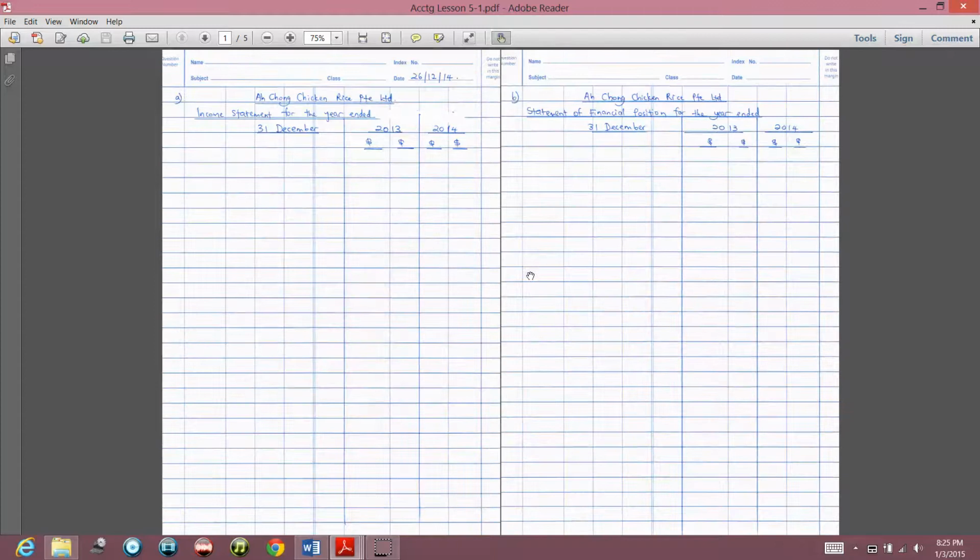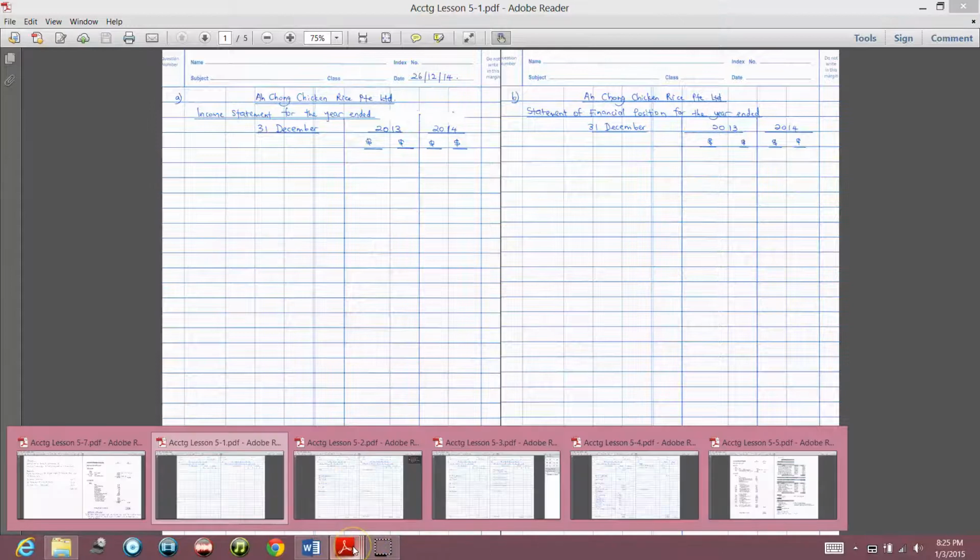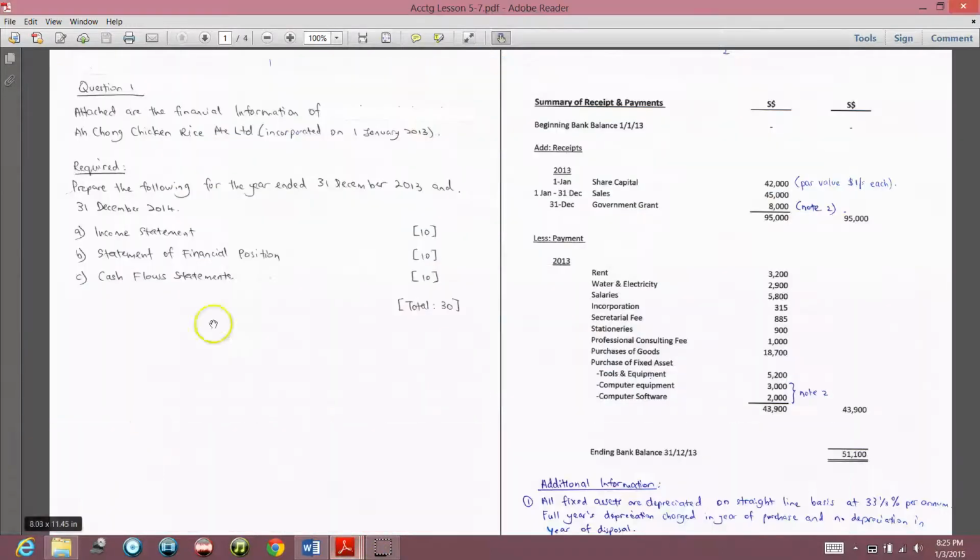This is a way of answering the question that I suggest. Look carefully at what the question requires: prepare the following for the year ended 31st December 2013 and 31st December 2014: income statement, statement of financial position, and cash flow statement.